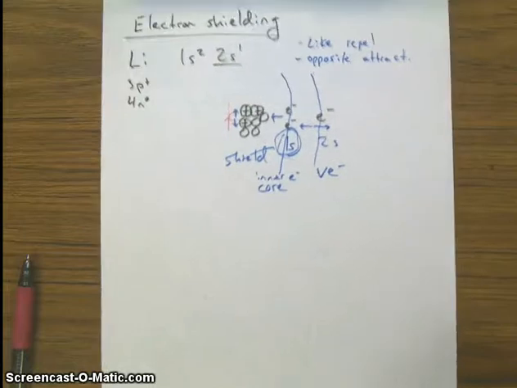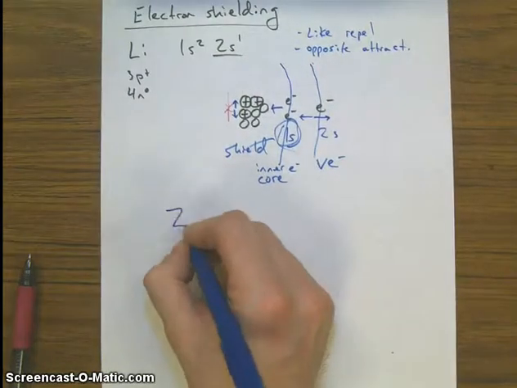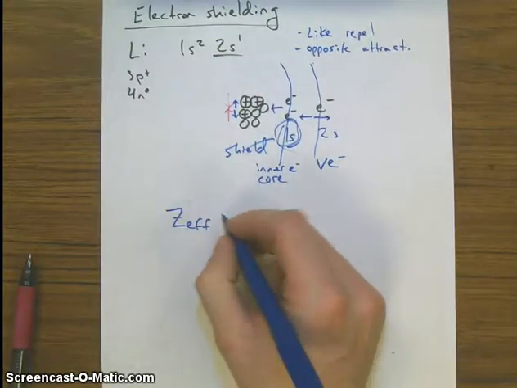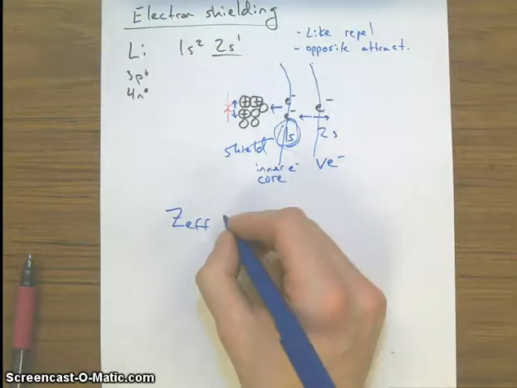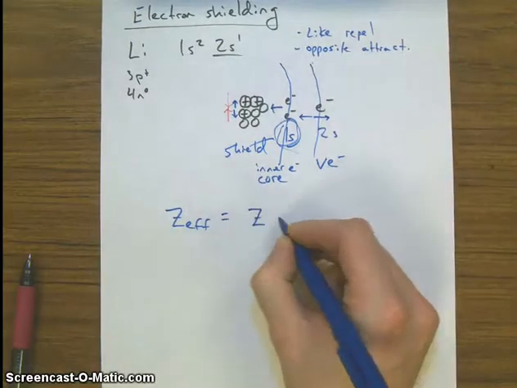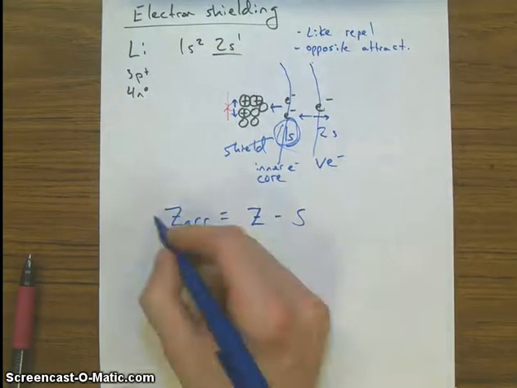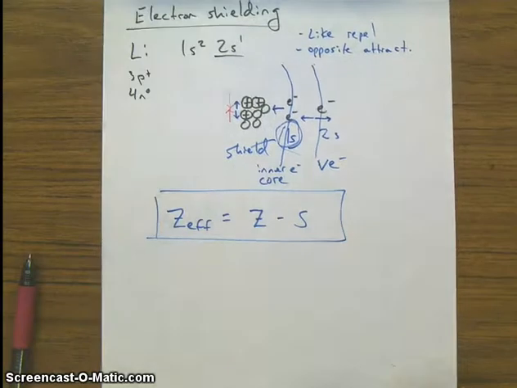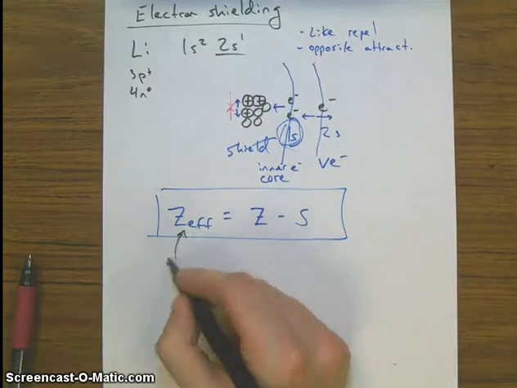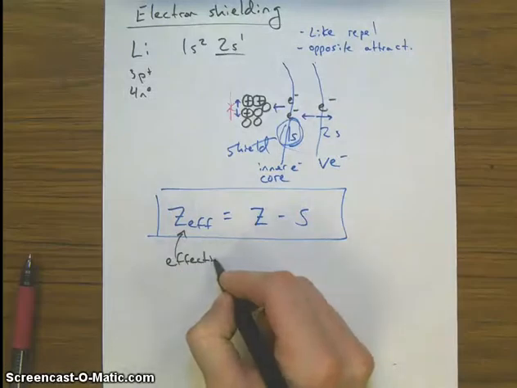So we have actually a formula to help us figure this out. The formula is Zeff, as a subscript, equals Z minus S. Let's label what each of these things mean. So this is what we call the effective nuclear charge.